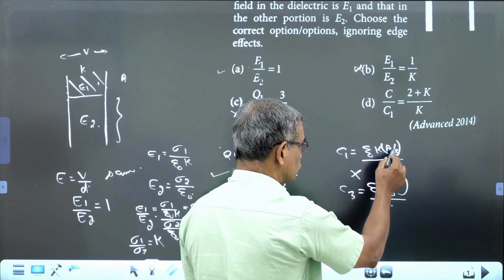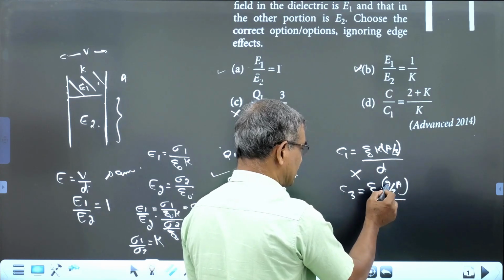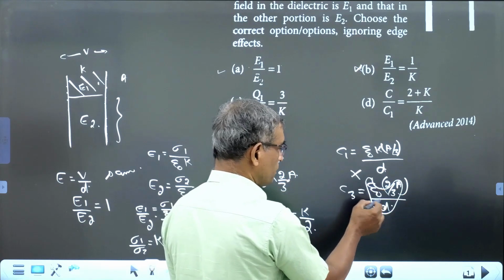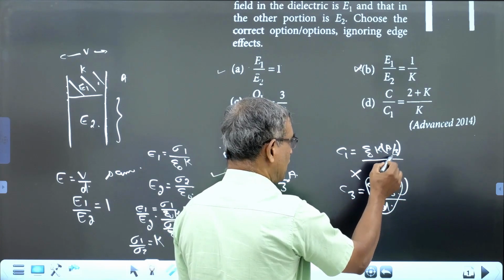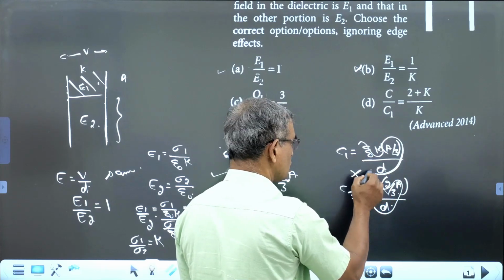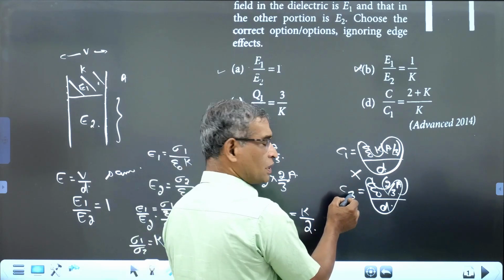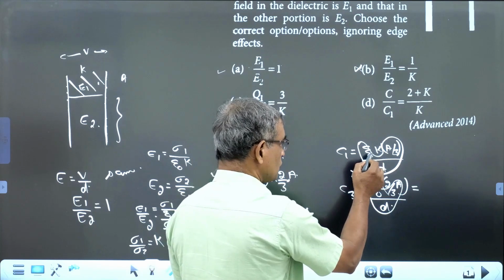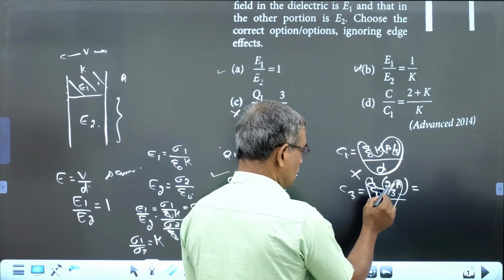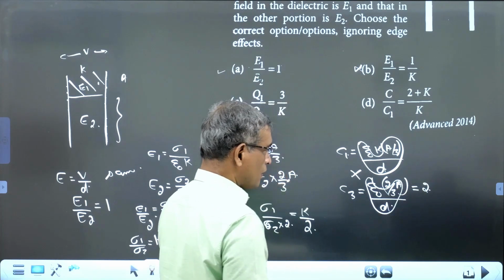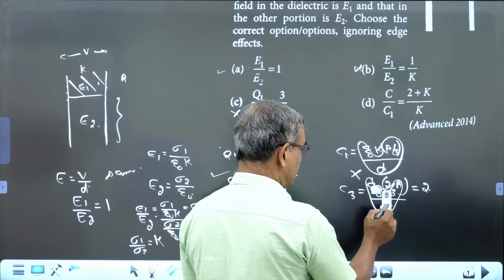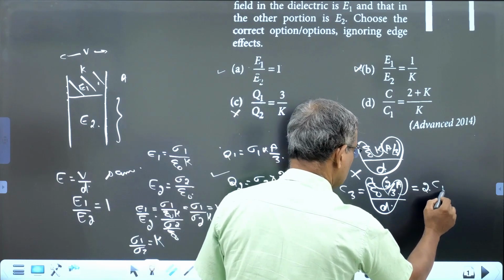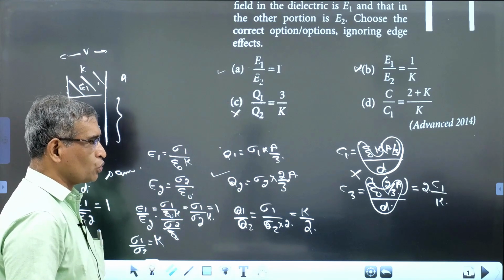Epsilon 0 A by 3D is C1 by K. So C3 is equal to 2 into epsilon 0 A by 3D, which is 2 into C1 by K. So C3 is equal to 2 by K C1.